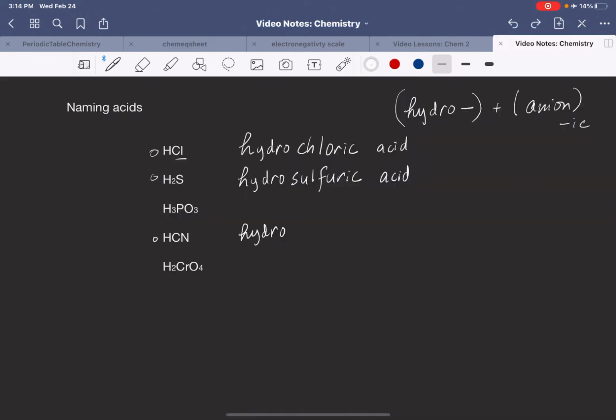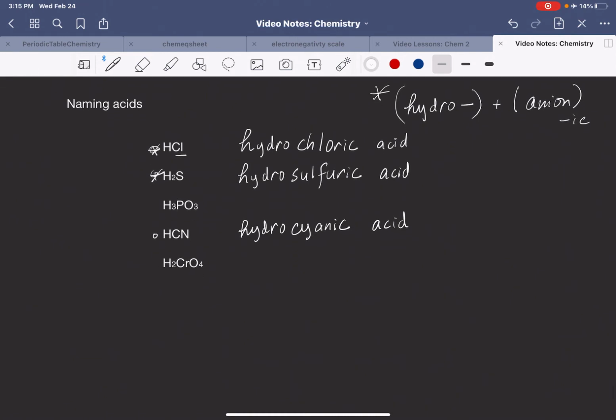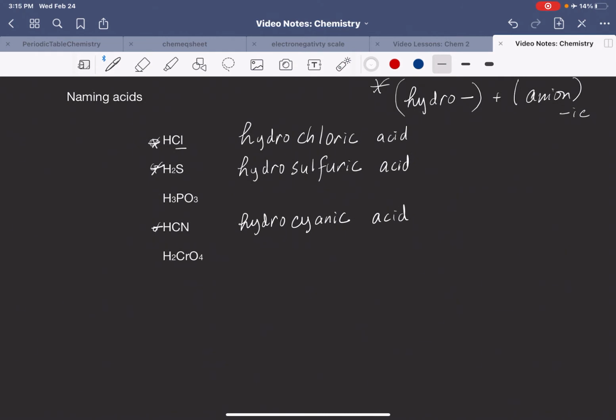And so instead of writing hydrocyanide, we would drop that IDE ending and put IC. So hydrocyanic acid. All right. So this rule works for this one and this one.